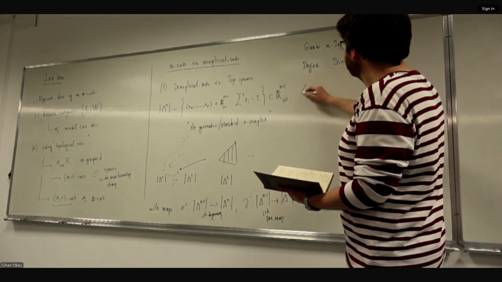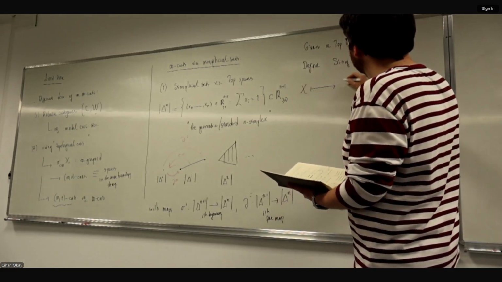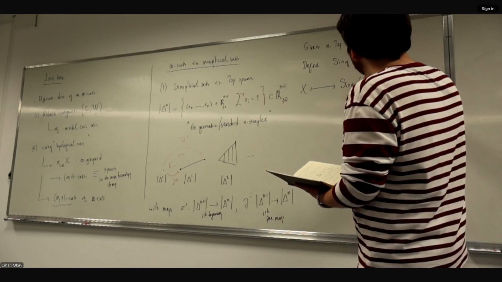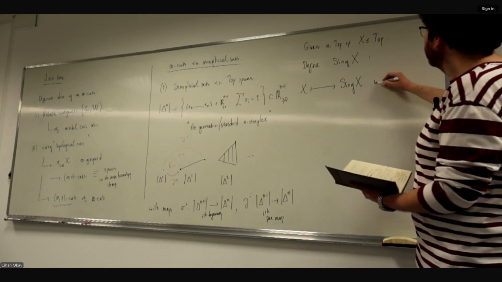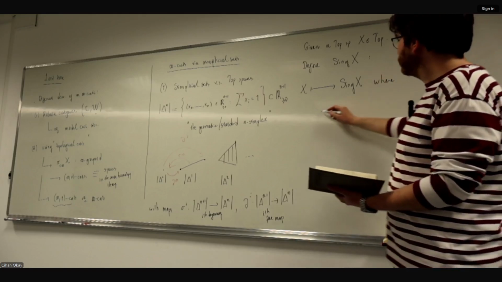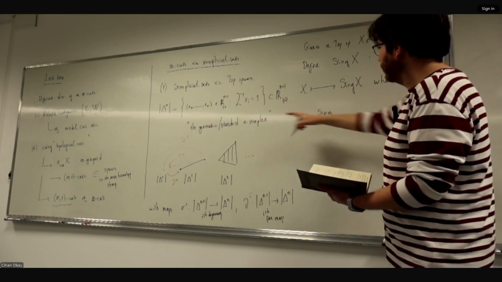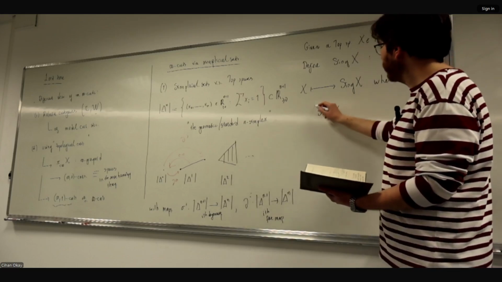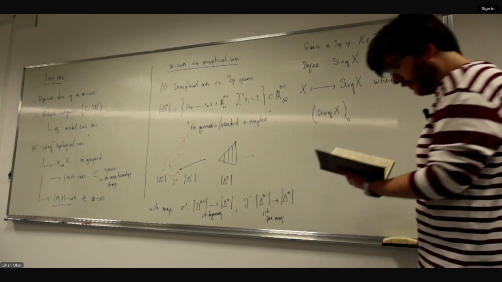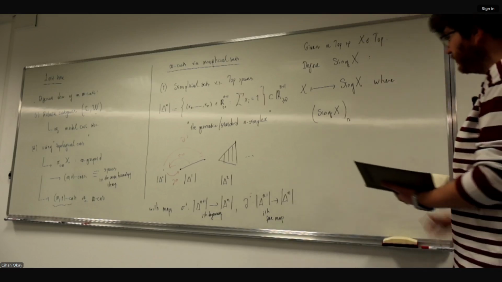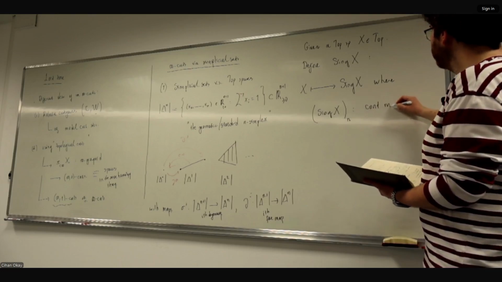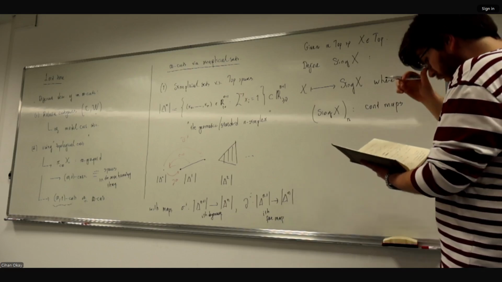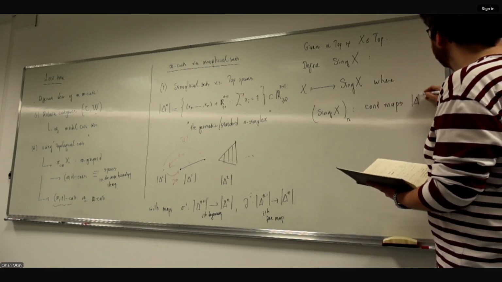It is like an assignment for any topological space. We assign this simplicial set where, of course, we need to specify each simplex. So its n simplices are just continuous maps like this.